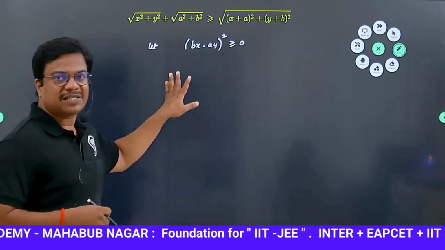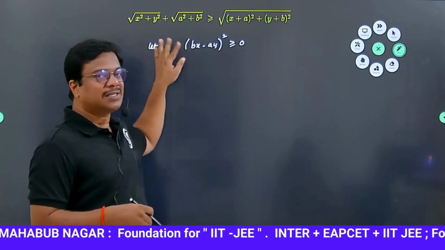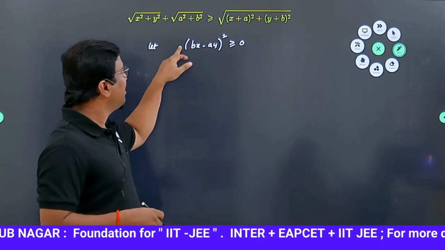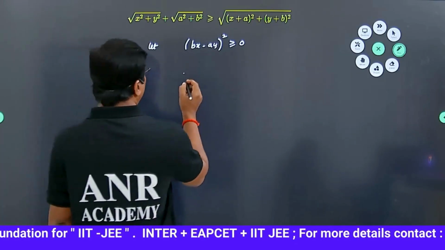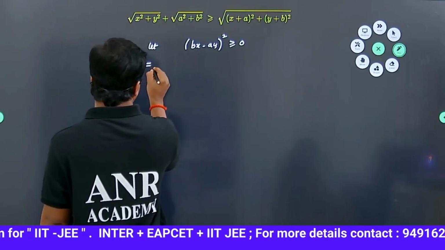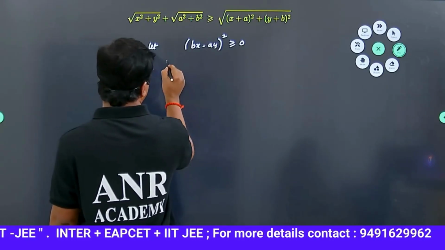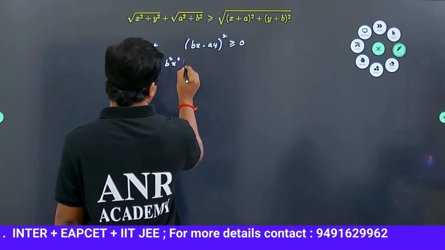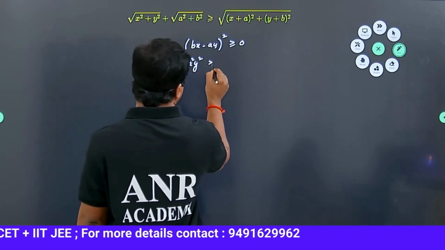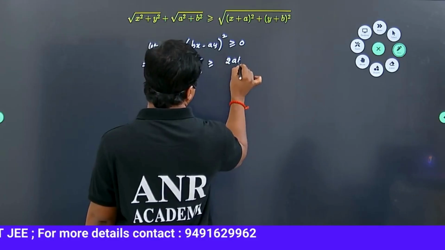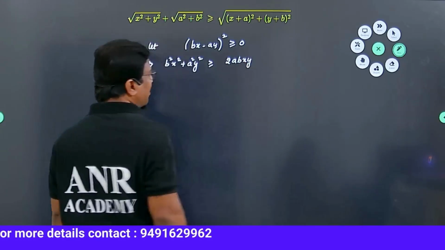Square quantity is always non-negative. To prove this, first I am going to select (bx − ay) whole square. Now on expansion it is b²x² plus a²y² greater than or equal to 2abxy, I can write.